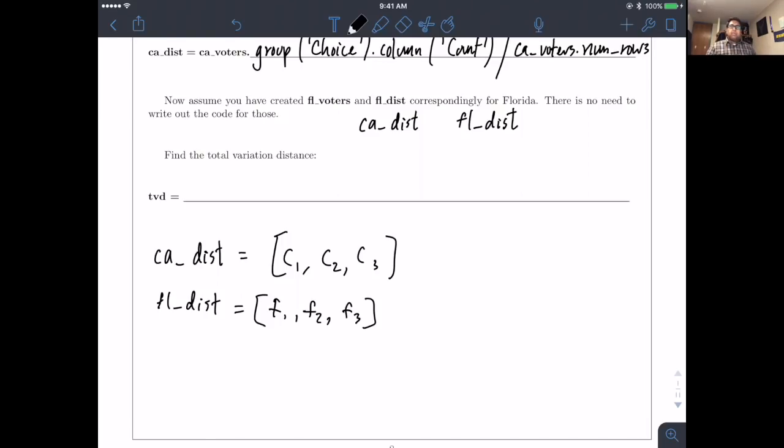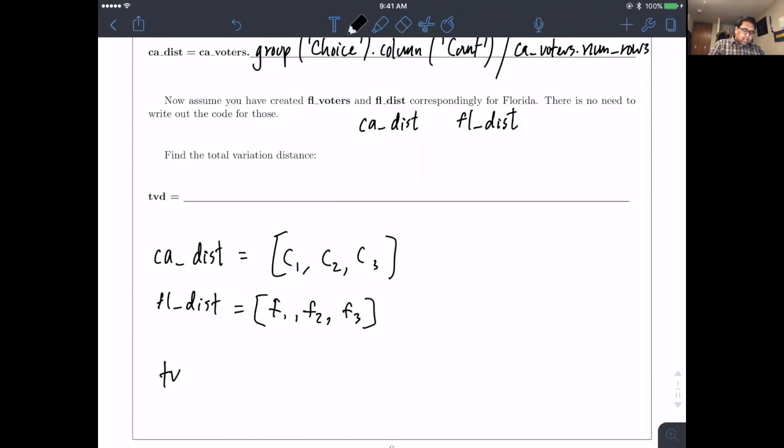Where C1 would be the percentage of people who voted in California who voted for candidate A, C2 would be the percentage of people in California who voted for candidate B, and C3 would be the percentage of people in California who are undecided, and then F1, F2, and F3 similarly would be those same values for Florida, right? So the definition of a total variation distance is, okay, you go through and sum together all the absolute values of matching pairs, right?